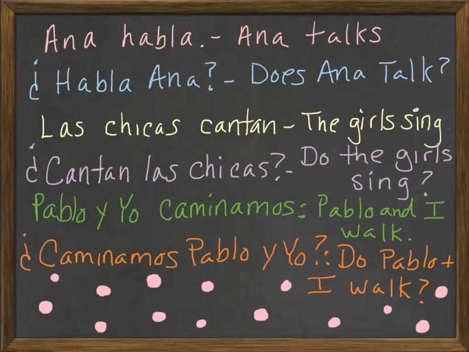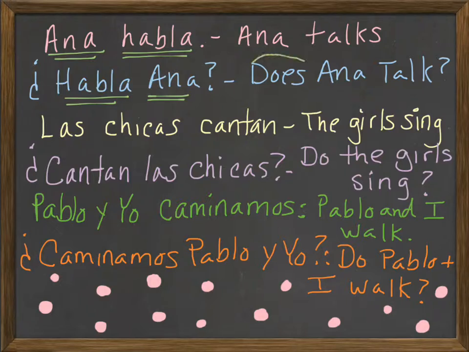Now here are some other examples. We have Ana habla, which means Anna talks. Subject, verb, just like English, but then we're going to switch it to a question. We'll have our verb first, followed by our subject. So you get habla Ana, make your voice go up, and you get does Anna talk.